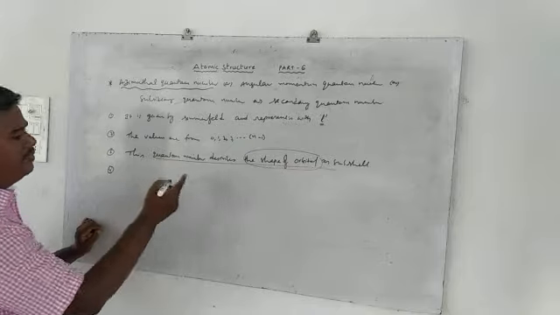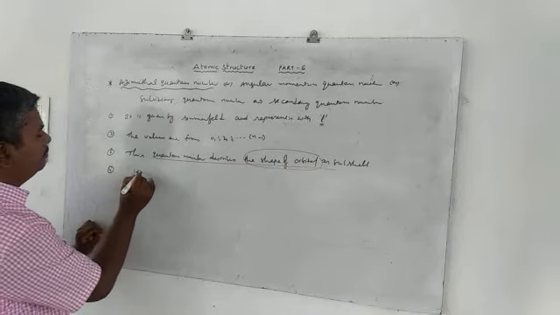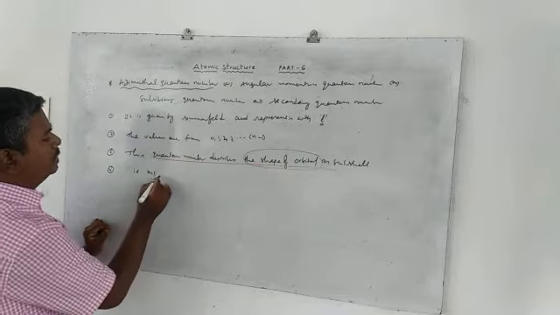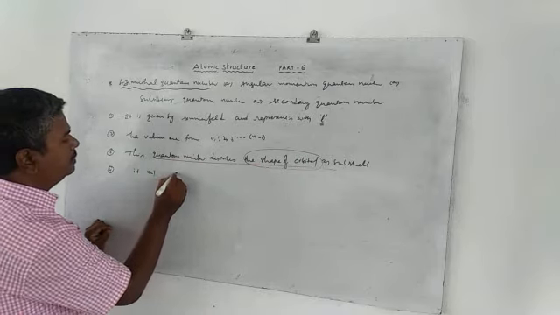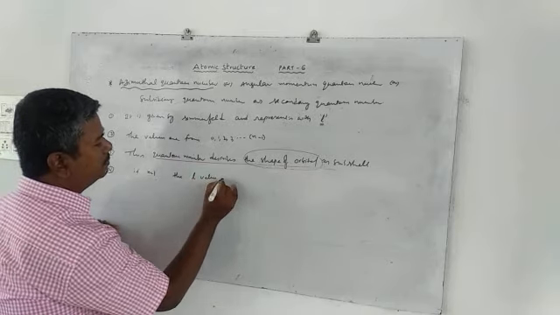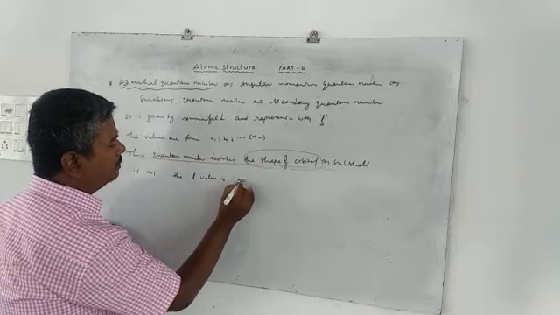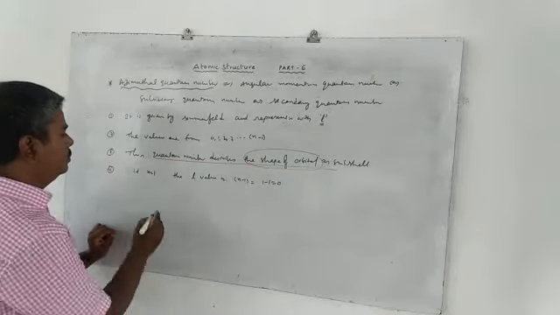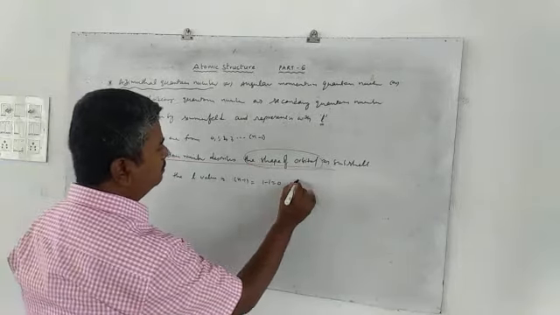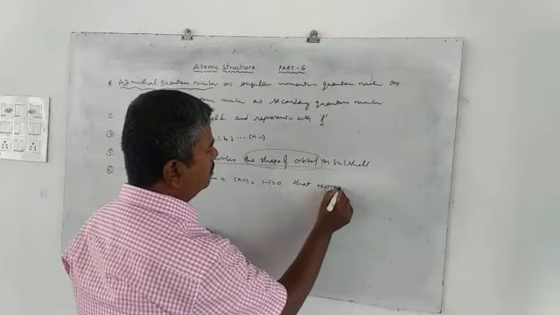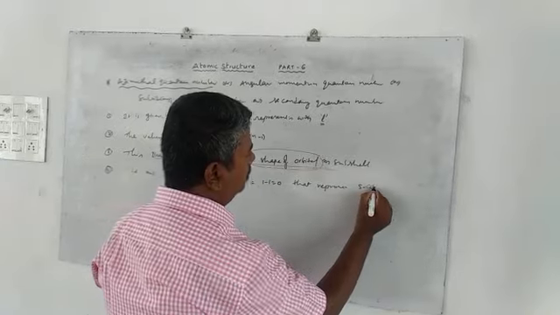As well as for a particular n value, if n equal to 1, that means what happened? The l value is n minus 1, that equals 1 minus 1 equals 0. So that represents which one? That represents S orbital.